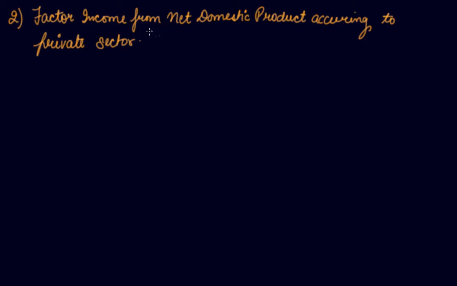The second income we will be starting is factor income from net domestic product accruing to private sector. Now what they've asked is NDP, that is net domestic product at FC from private sector only. See, your NDP at FC includes two sectors, your private sector and public sector in the economy. So they've asked the contribution of only private sector.